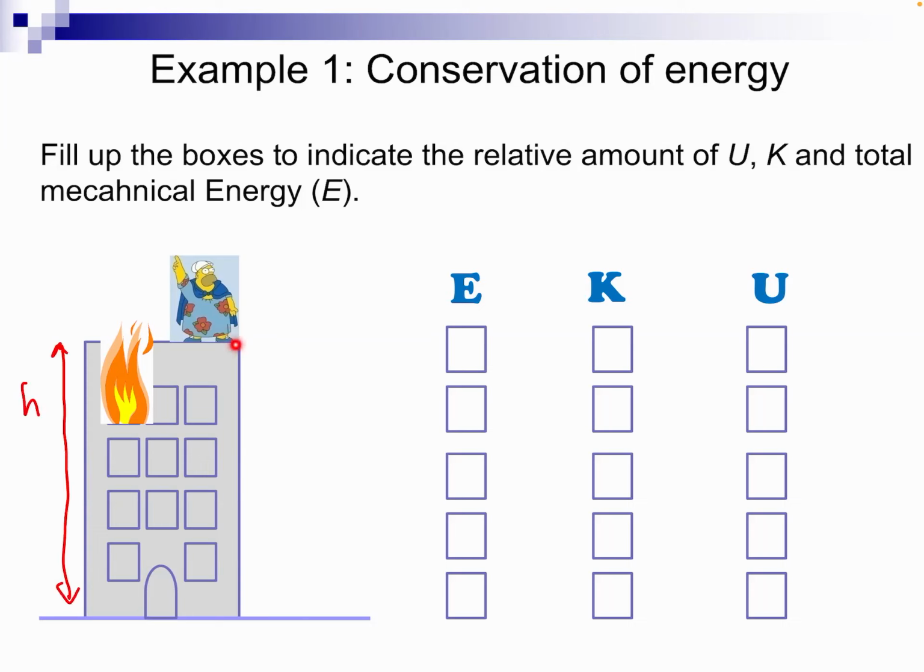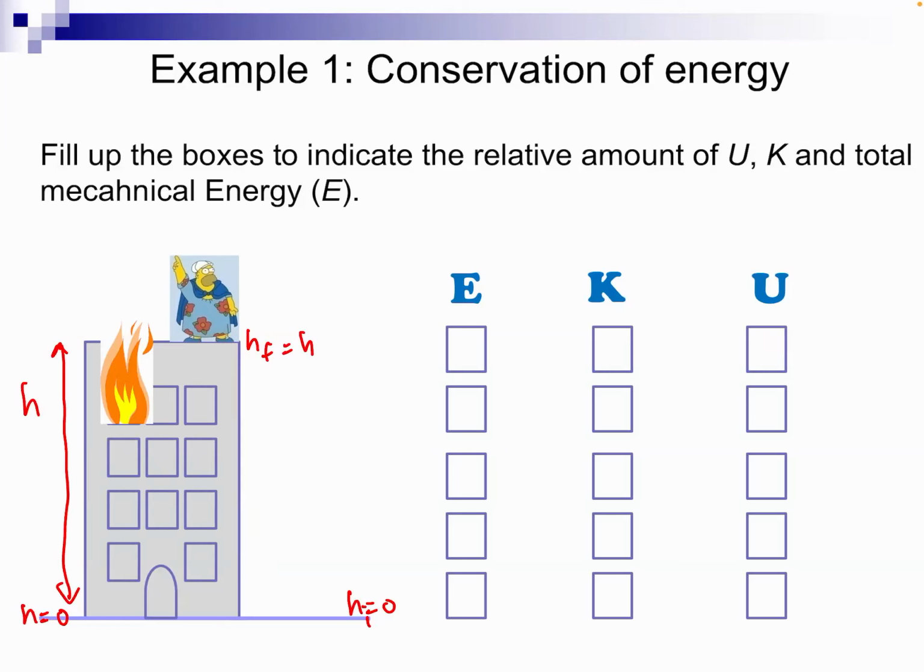In that condition, what can you say about his kinetic energy and his potential energy? Let's take the ground to be a reference height, and this is some height H. So what can you say about his kinetic energy and potential energy at this point?